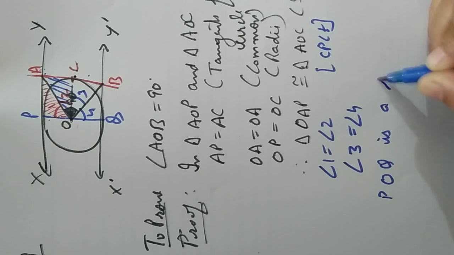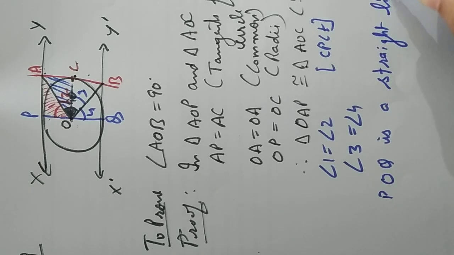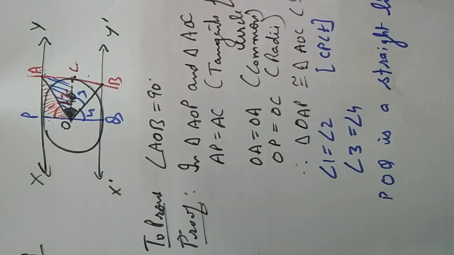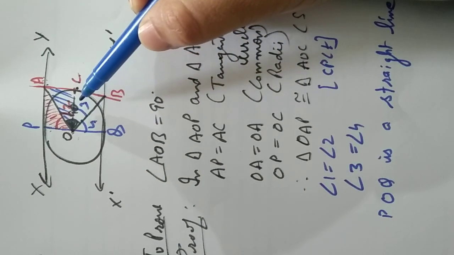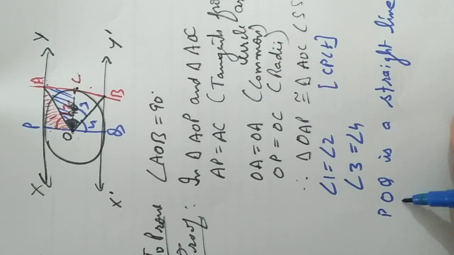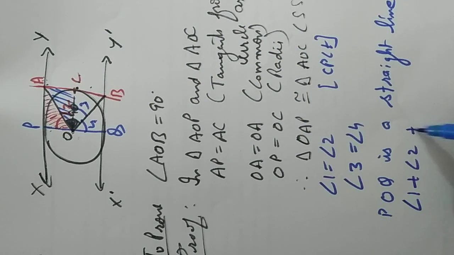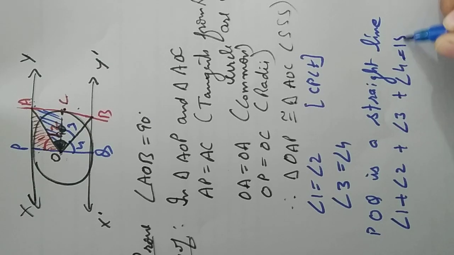POQ is a straight line. So we know that if POQ is a straight line, all the angles on this line make the sum of 180. Angle 1 plus 2 plus 3 plus 4 is equal to 180.